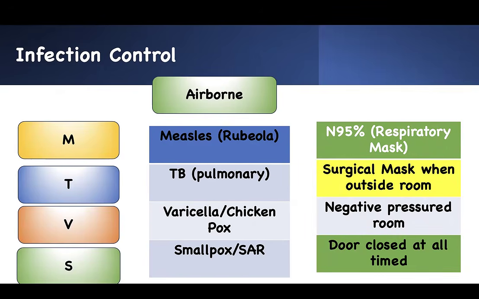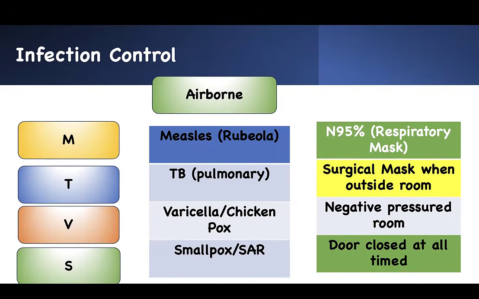The patient does not wear anything. The only time the patient wears something is when they leave their negative pressure room and they wear a surgical mask when they're outside, going to get an X-ray, walking outside. The negative pressure room is designed to prevent infection from spreading outside. The door must be closed at all times.